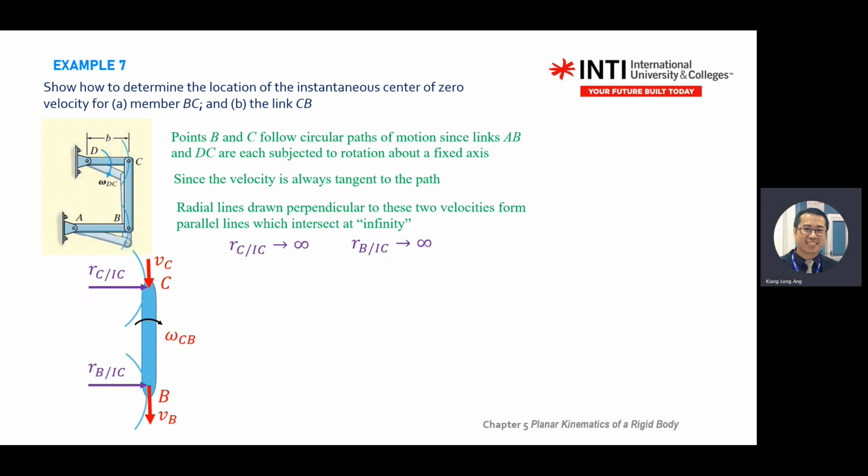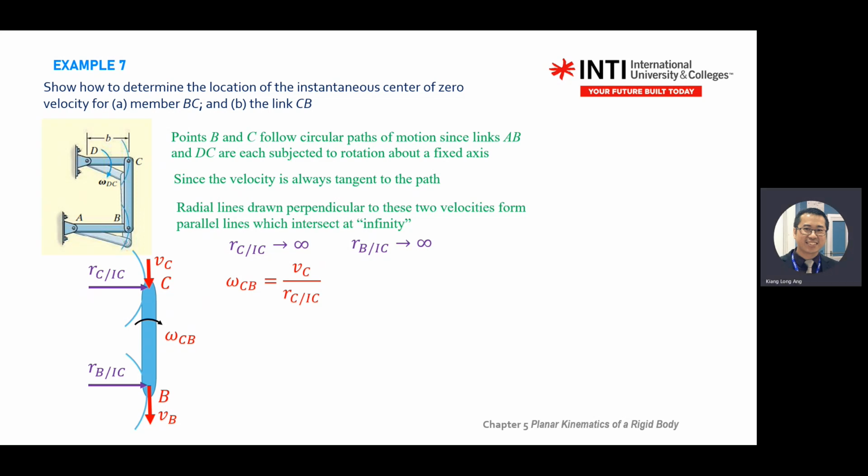So when you stand here and look at body CB, how does the body CB rotate down? It's actually in the clockwise direction, although it's moving down.